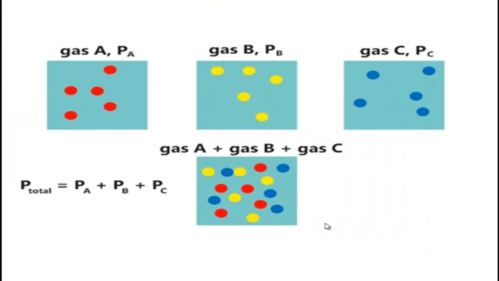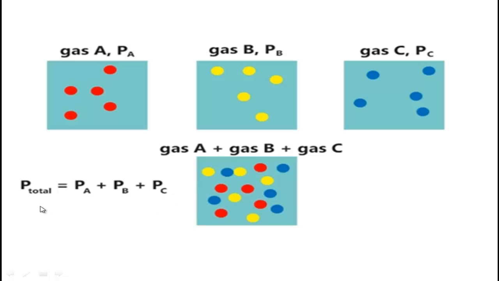So, if we consider three gases, gas A, gas B and gas C, and if the pressure of gas A is PA, gas B is PB and gas C is PC, then we can say the total pressure of the mixture of these three gases will be the sum of their pressures, PA, PB and PC.